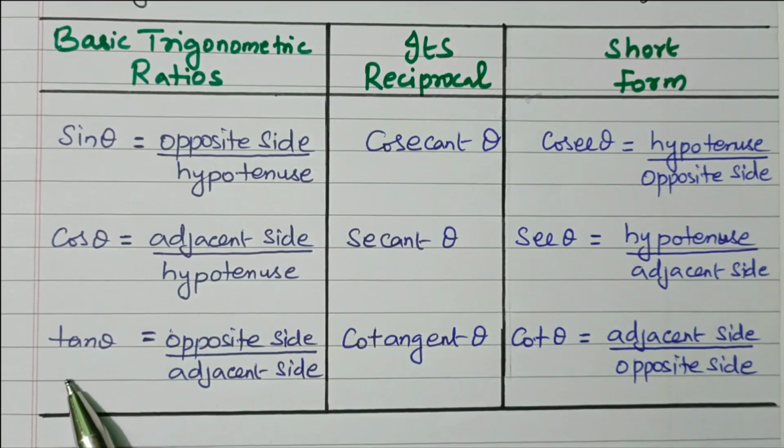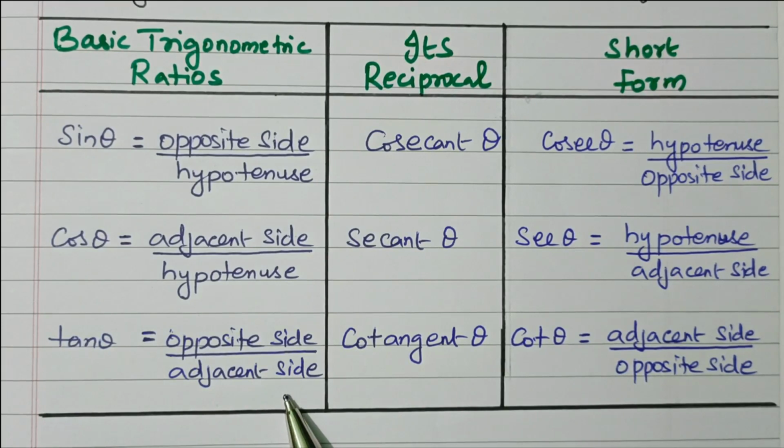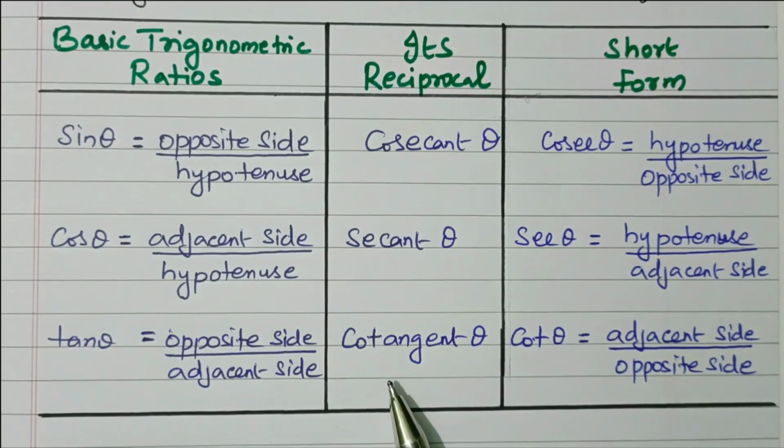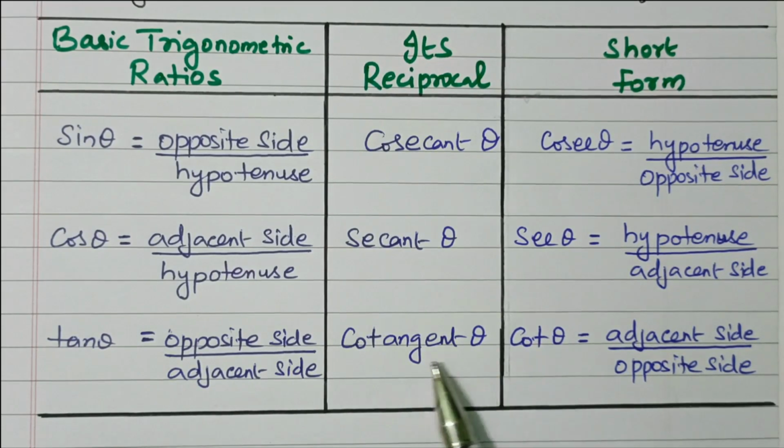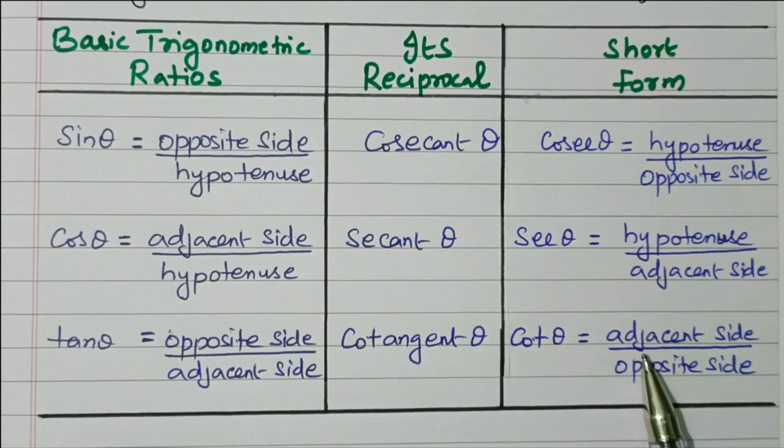The third one is tan theta. Tan theta is opposite side by adjacent side. Its reciprocal is cot theta, and that ratio is adjacent side by opposite side.